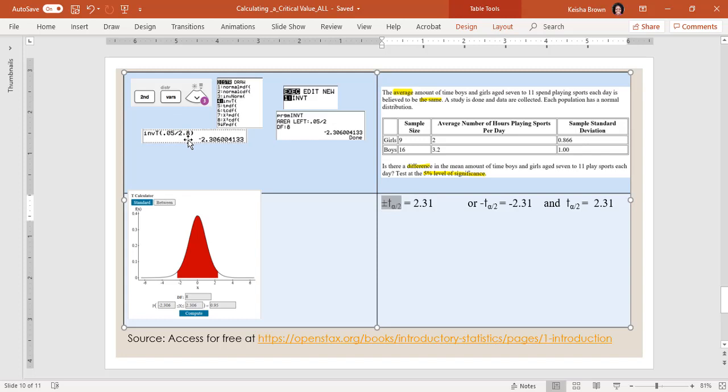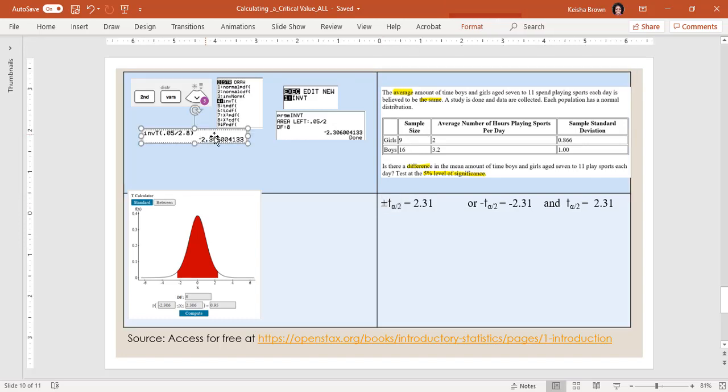Then you have your degrees of freedom. When you have two samples, you take the smaller degrees of freedom and you subtract 1. So 9 minus 1 gives us 8. Your calculator gives you the negative t-score, but you know that this distribution is symmetric, so your other t-score is going to be the positive value.